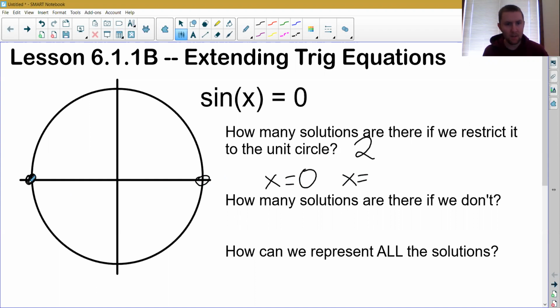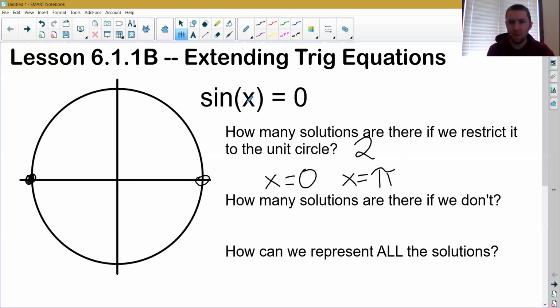That point right there is at pi. Pi on our unit circle also has 0 as a y value, or 0 as a sine value. So 0 and pi are the solutions to this equation if we restrict it just to be on the unit circle from 0 to 2 pi.